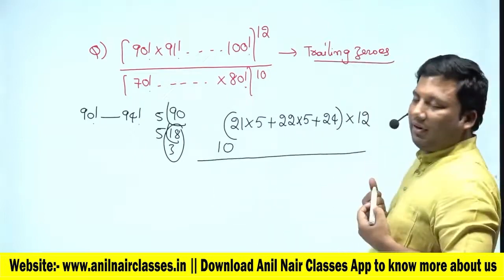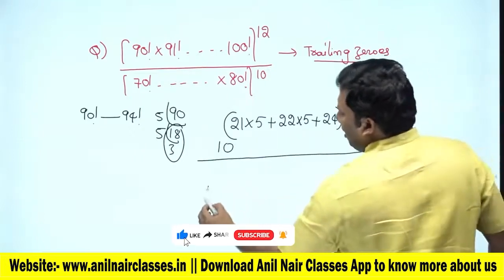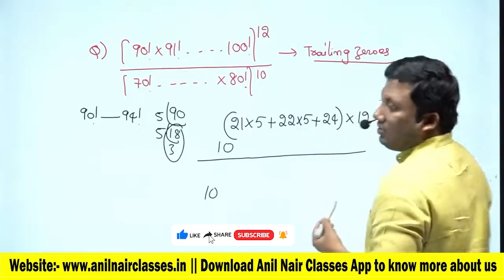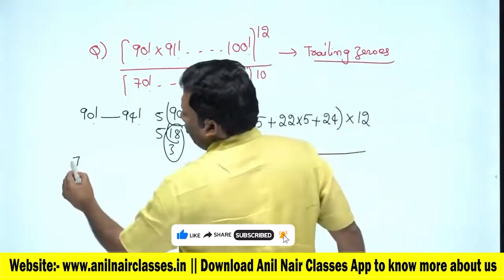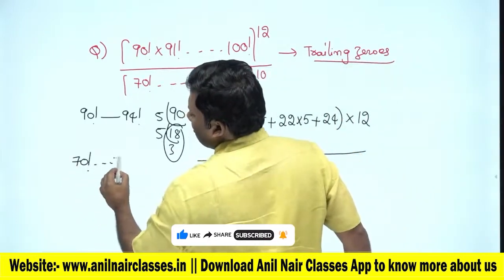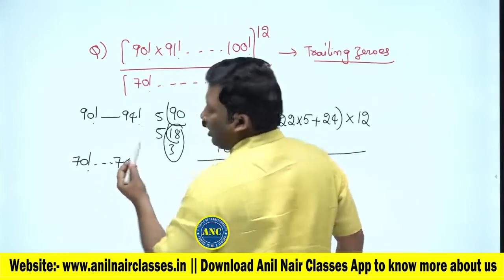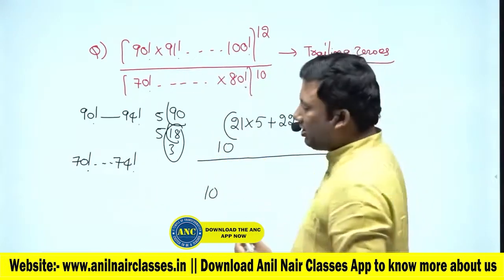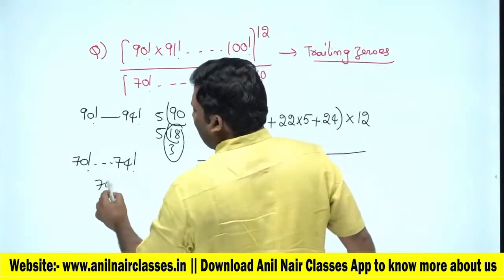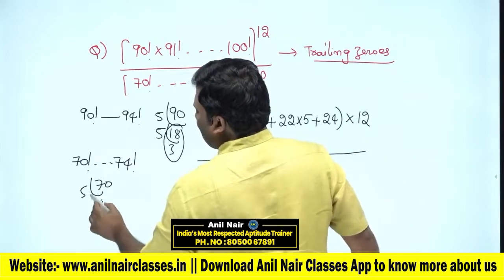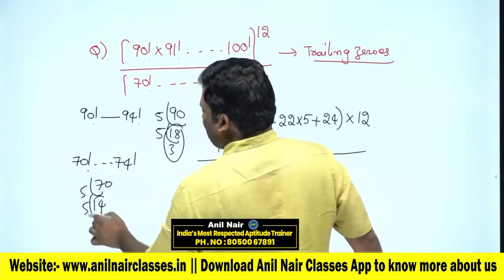10 power k will give you the number of zeros. Similarly, the next one. Most of the students will leave these questions, but actually they are very easy questions. 70 factorial to 74 factorial. 70 will be 5 14s are, and next, 2s are.